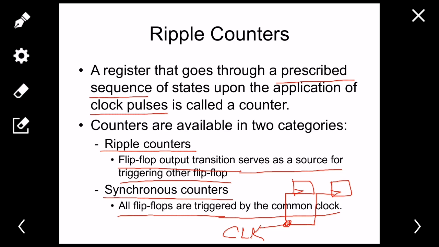I'll start with a very simple example, a very simple ripple counter, also known as an asynchronous counter. Okay, let's talk a little bit about the asynchronous counter or ripple counter.